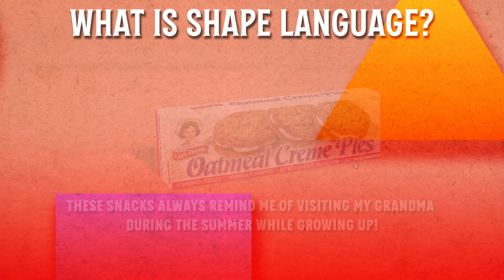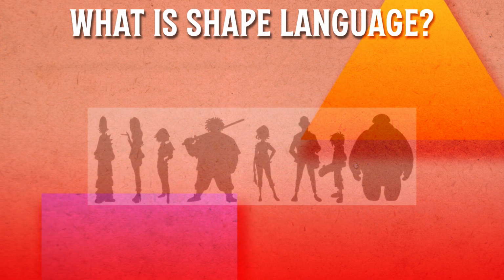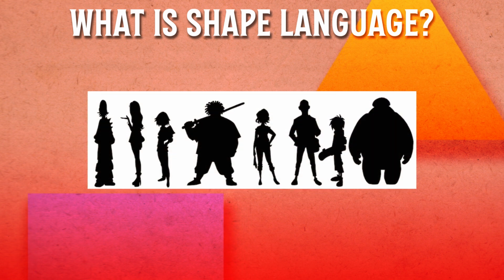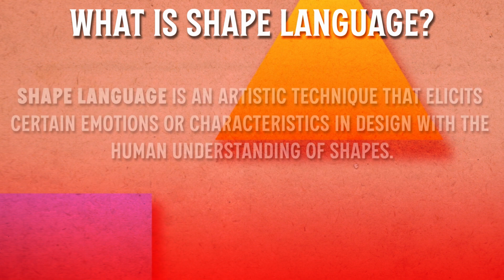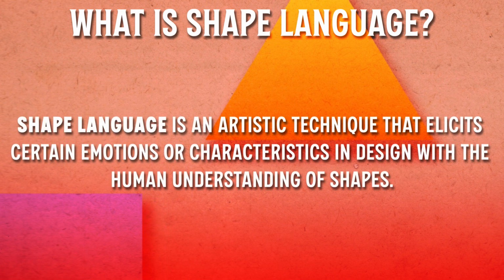Using those subliminal connections that the mind makes with shapes, the artist can pinpoint certain aspects, personality traits, or even roles in a narrative by incorporating shapes into the character's design. And that's where we arrive at shape language. Shape language is an artistic technique that elicits certain emotions or characteristics in design with the human understanding of shapes. We mentally equate a trait with a shape we see within the design.